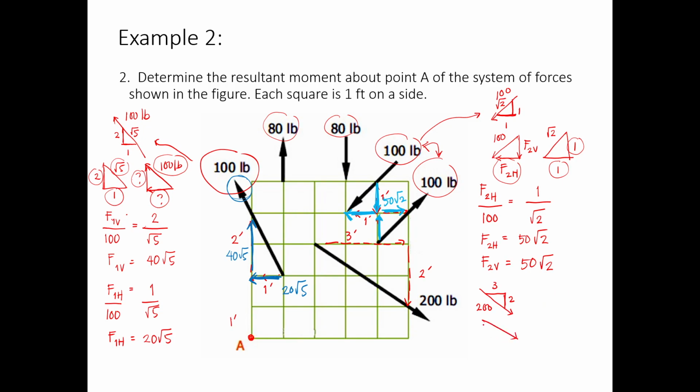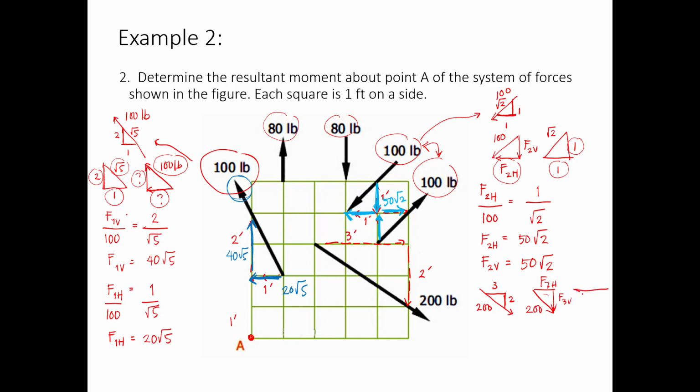So let's say F3V, then F3H, then this one is 200.